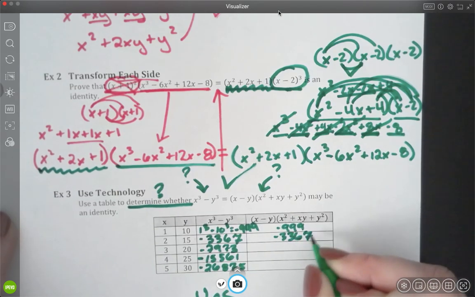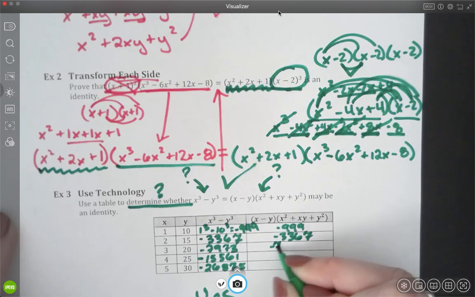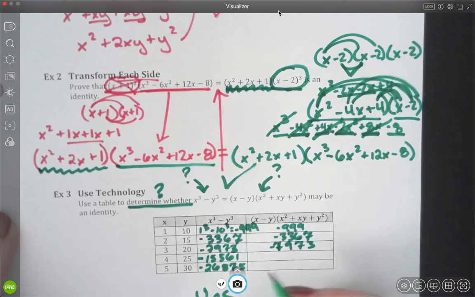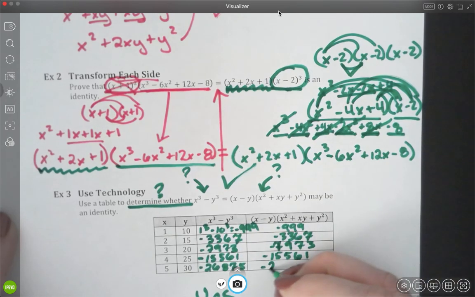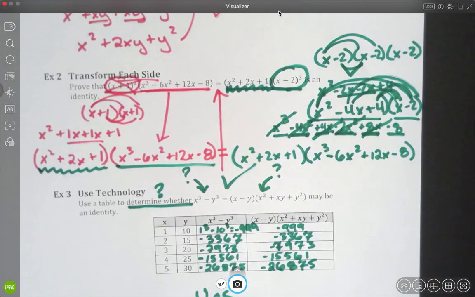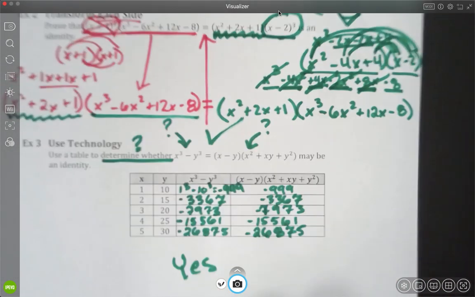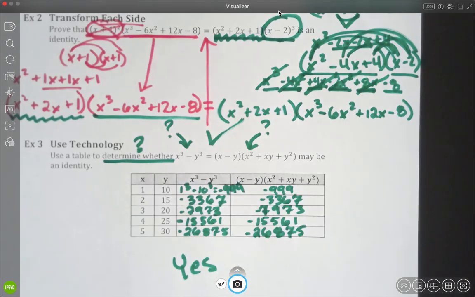But you need to check all of them, because we are not assuming that both of them are the same. But they are, yes, they are. But this one, because it says determine whether they are, we don't necessarily know that they are exactly the same. Because the table comes out nicely, we can now for sure say that they are identities of one another, right?